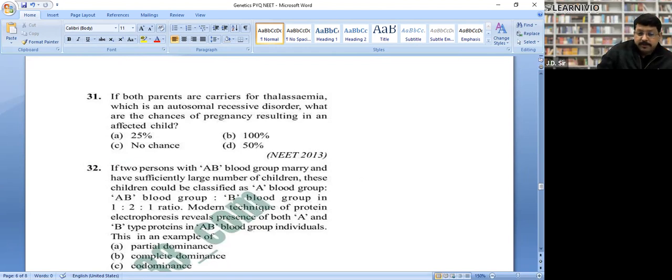If both parents are carriers for thalassemia. Come on. Autosomal recessive disease.